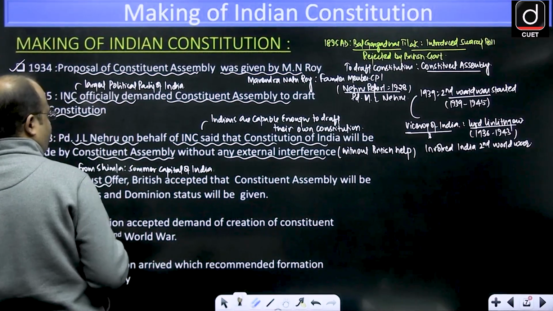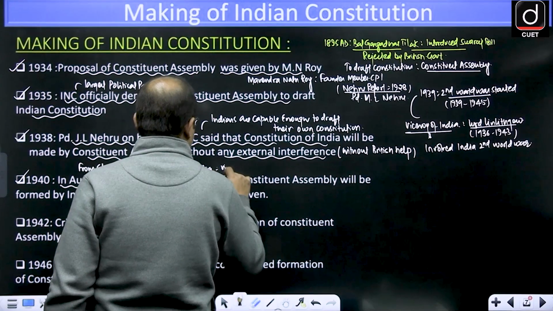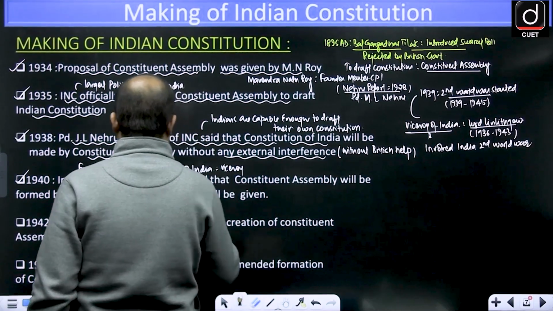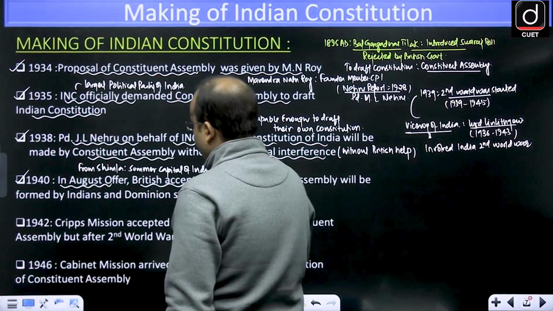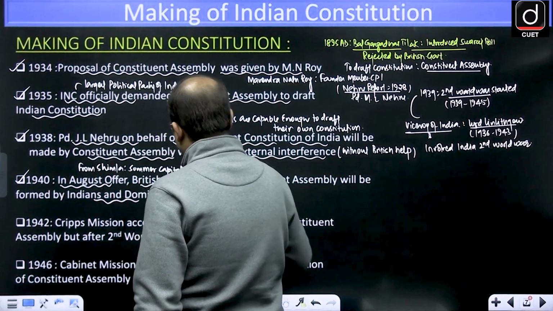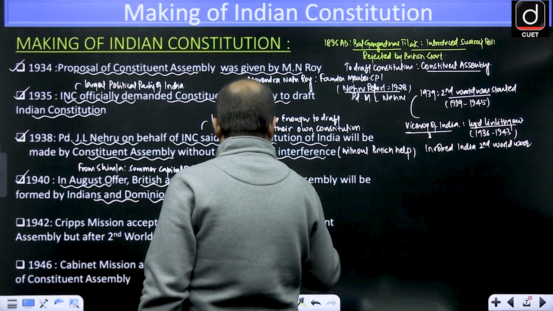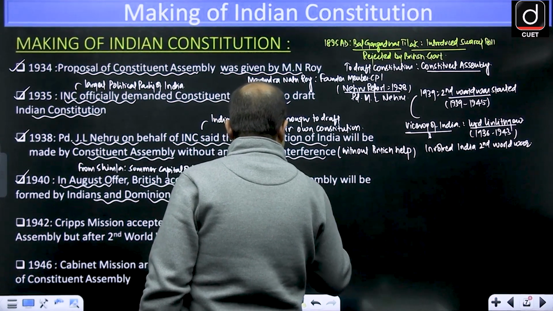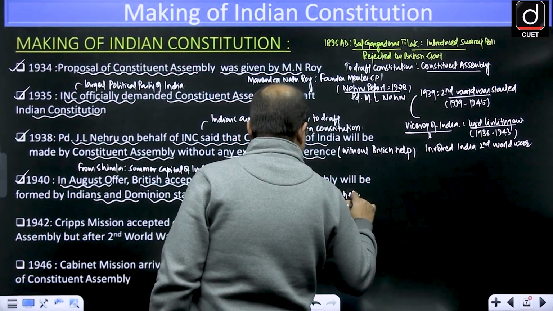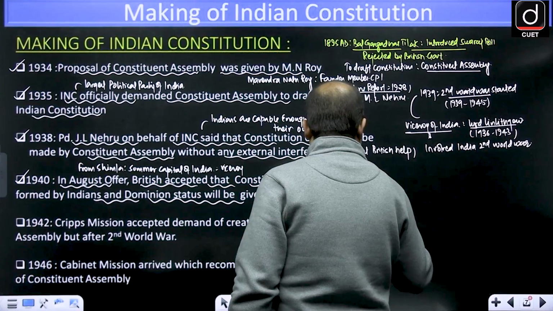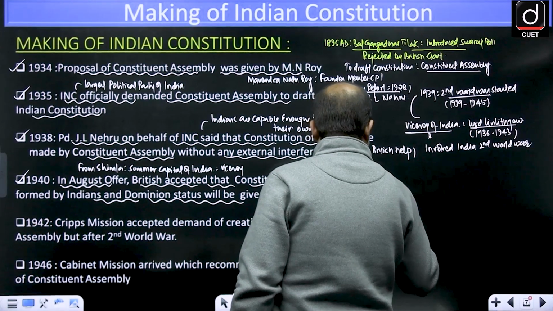The Viceroy gave an offer that the British accepted that a Constituent Assembly will be created by Indians and dominion status will be given when Indians help the British in the Second World War.